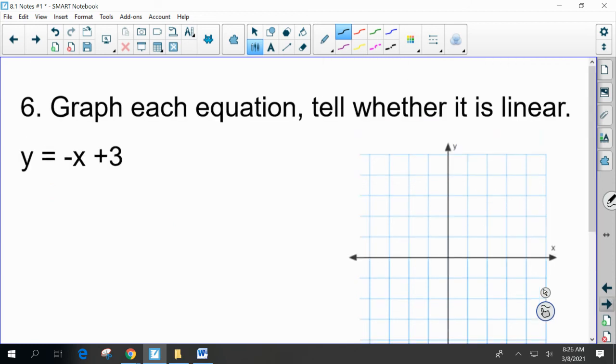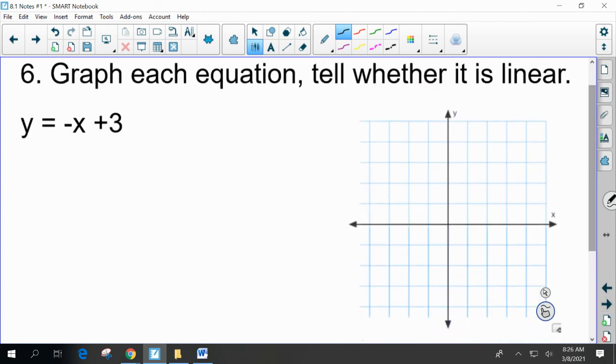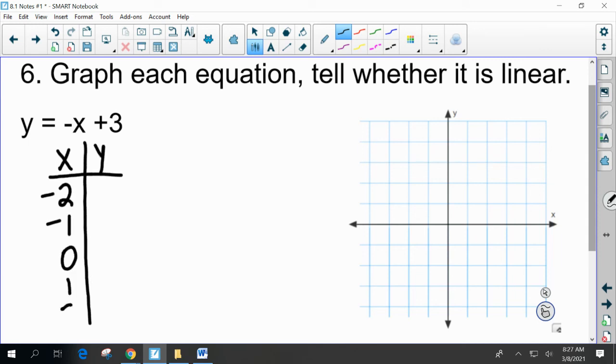I want you guys to go through and try number 6. You are going to be using that same XY chart: -2, -1, 0, 1, 2. I'll help you plug in the first one. So y equals negative, parentheses, -2, parentheses, because you have a negative in front of your x, you're gonna have a double negative, +3.